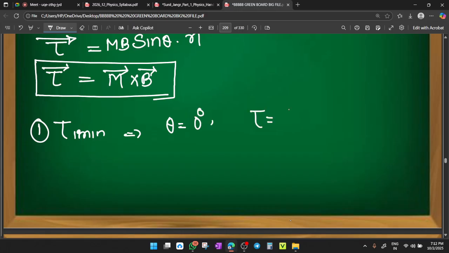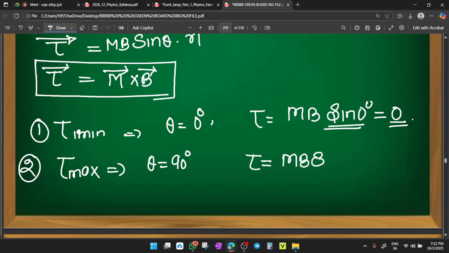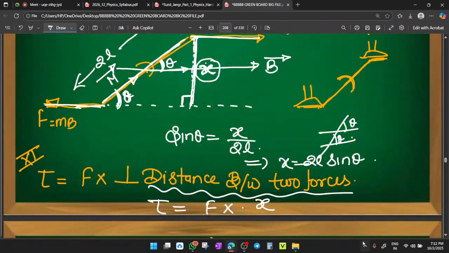So torque equals MB sine 0, which gives 0 because sine 0 equals 0. For maximum torque, sine theta should be maximum, which happens at theta equals 90 degrees. So torque equals M B sine 90, which equals M into B. Clear, beta? This is the condition for maximum and minimum torque.